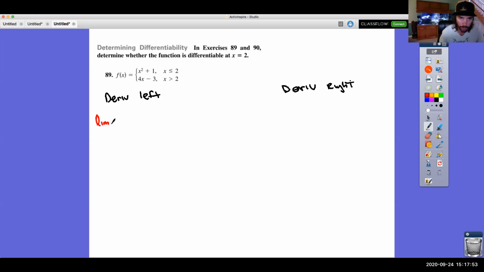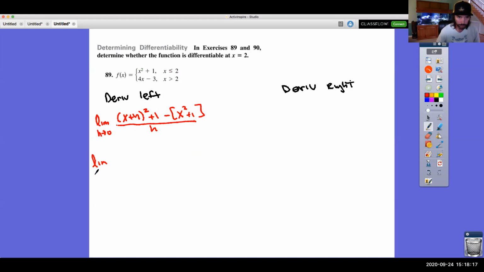Limit as h goes to 0 of [(x plus h) squared plus 1, minus the original function], over h. That's the limit definition of the derivative to the left of 2 using the parabola.